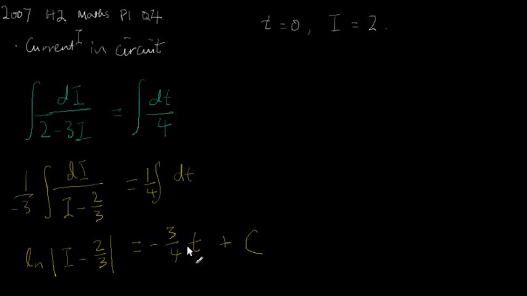But in this case, it's often easier if we do some rearranging first. So this is the natural log, so it's log to base e. So therefore, if I rearrange this, I get I minus 2/3, and then e to the power of this whole lot minus 3/4 t, and I can separate that term out as e to the power of c.